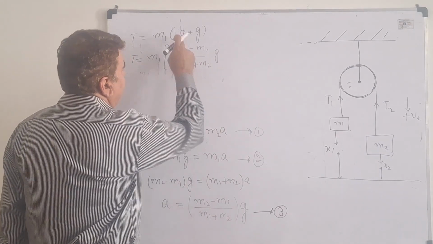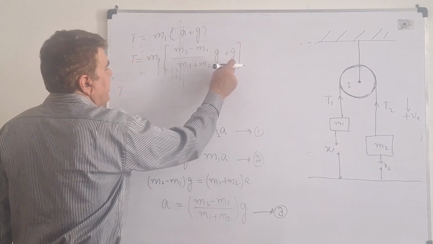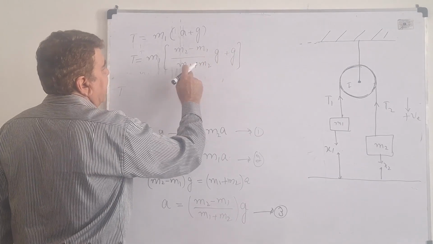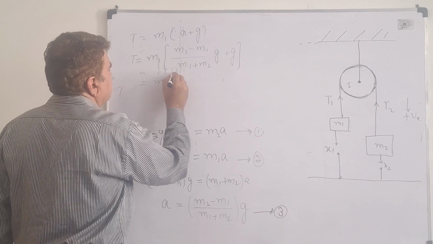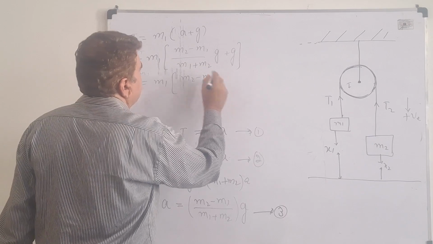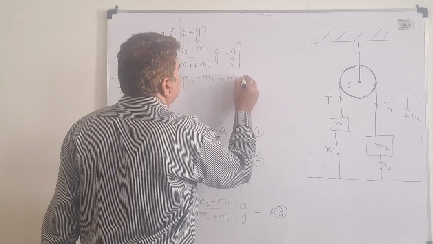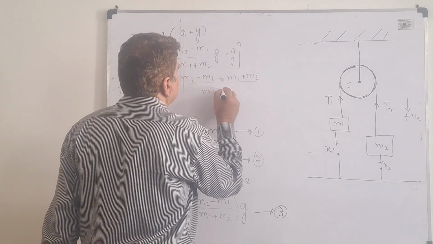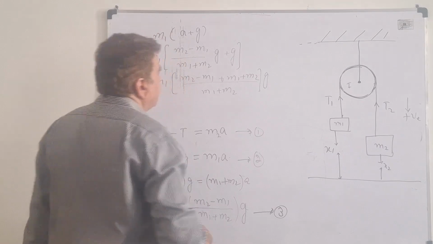This is the value of A, and then plus G. I can take G common and can take the LCM of these two terms to put this in the form M1 into (M2 minus M1, and then multiplying this with this would make it M1 plus M2) the whole divided by M1 plus M2, and taking G common from the two terms.